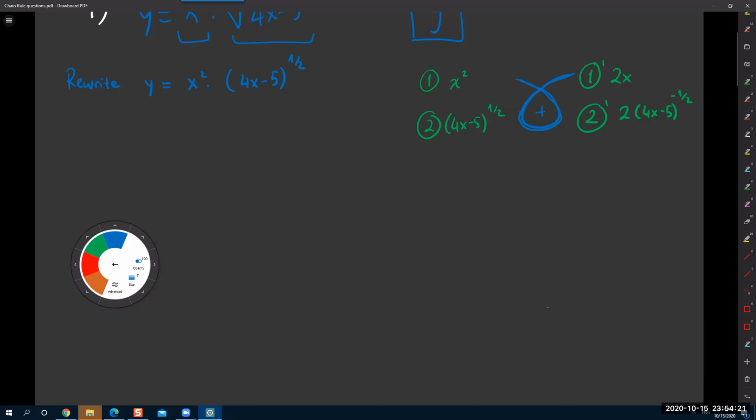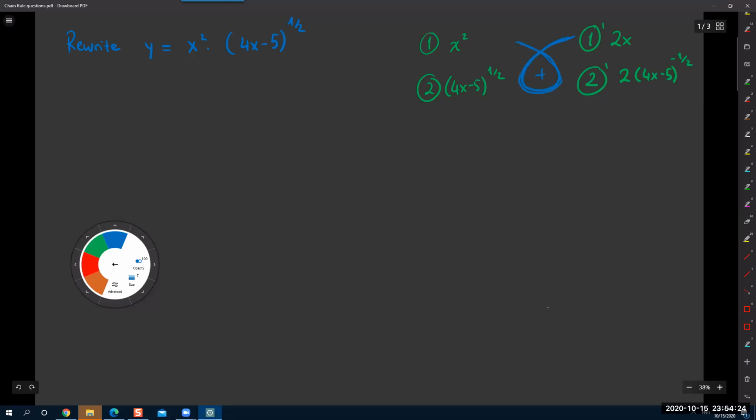It's my fault, not yours. Anyway, let's calculate it. Y prime is going to be x squared times the derivative of the second one, which is 2 times 4x minus 5 to the negative 1/2 power, plus 4x minus 5 to the 1/2 power times 2x.